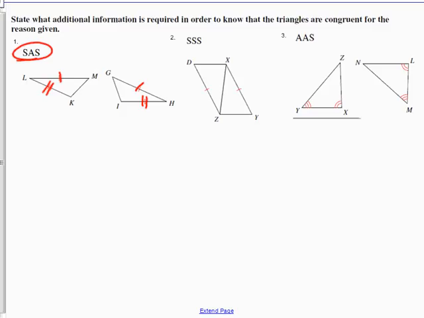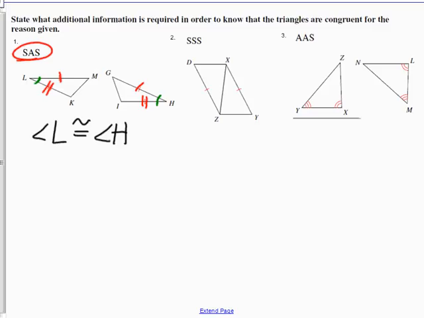Well, if it's side, angle, side, the angle has to be included. Remember I said that yesterday, it needs to be included between the two sides. So it's got to be sandwiched right here and right here. So the statement that we would need to include is that angle L is congruent to angle H. That's what we need in order to make it side, angle, side.